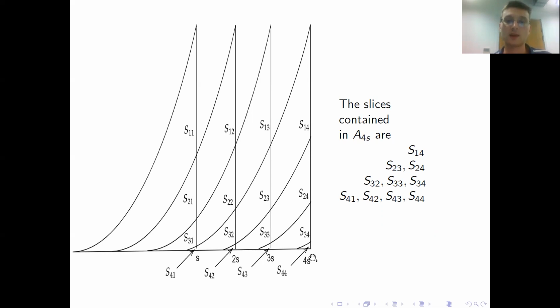So in this ambit set, we notice that we have the following slices: S41, S42, S43, S44, which are written on the bottom row here. Then we have S32, S33, S34 written here, so on and so forth.